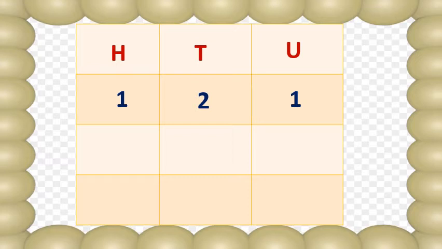Means here how to read? 1 unit, 2 tens, 1 hundred, because we are putting the number under the columns of units, tens and hundreds. Got this? Okay, here again 200, 1 ten, 3 units. Now we will add this. Now here 1 plus 3 is 4, 2 plus 1 is 3 and 1 plus 2 is 3. Now in the next column and further we will write like this. Okay.